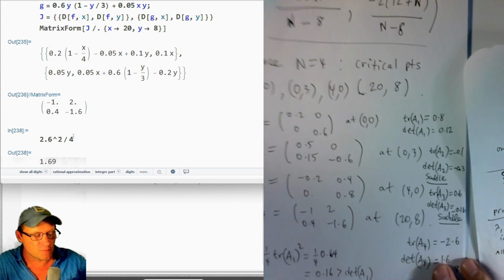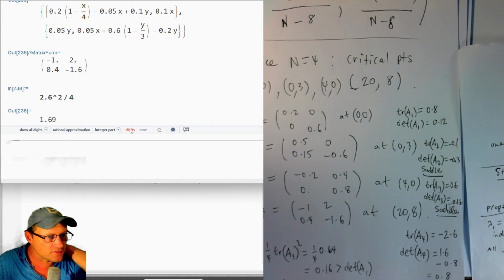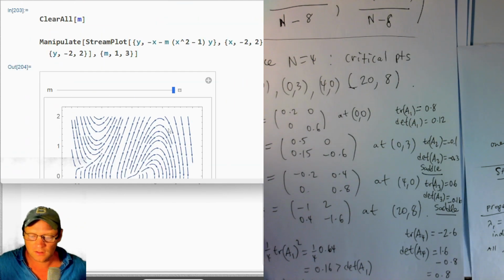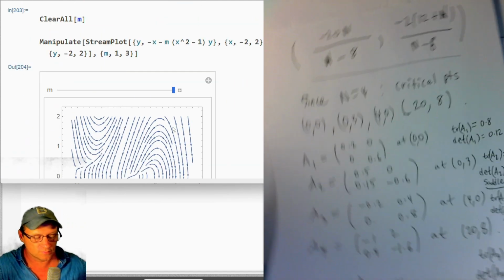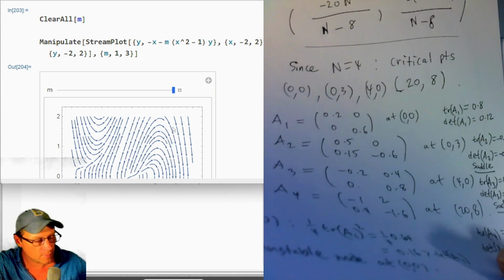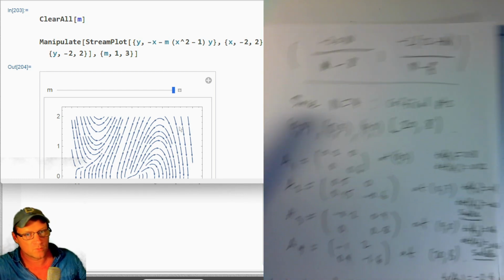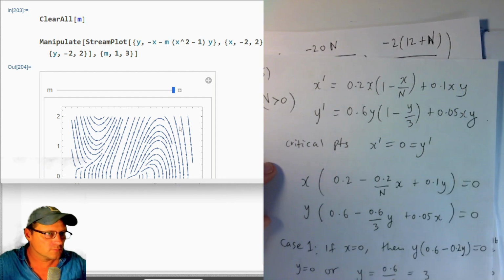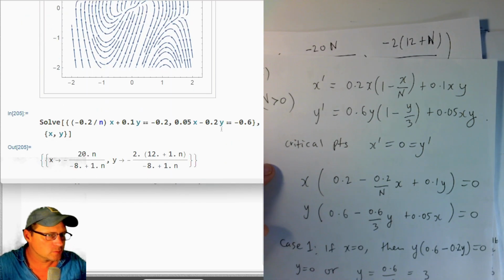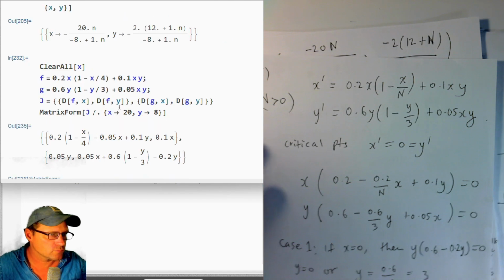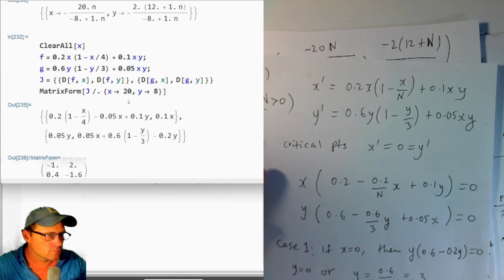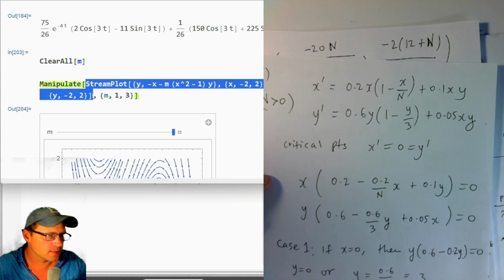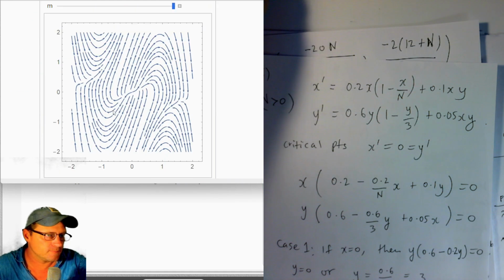Okay, so let's go to Mathematica now and stream plot this. So where did the equation go? Okay, so I should just be able to put StreamPlot f comma g.